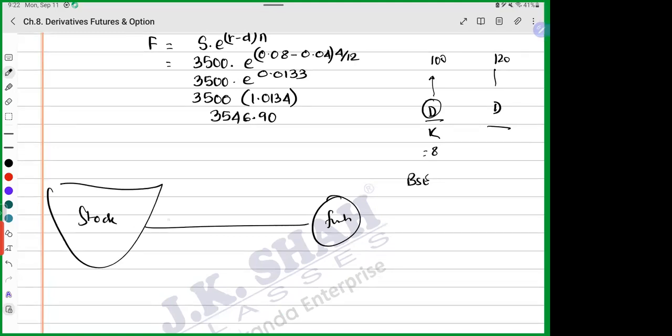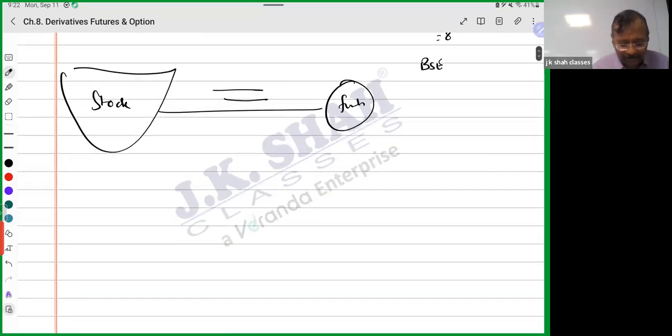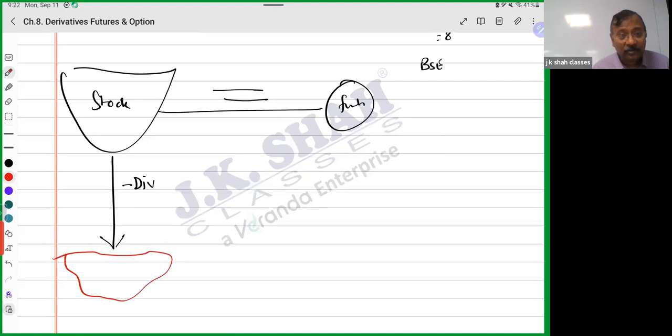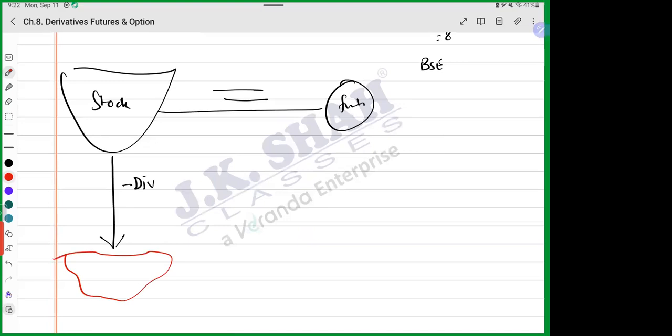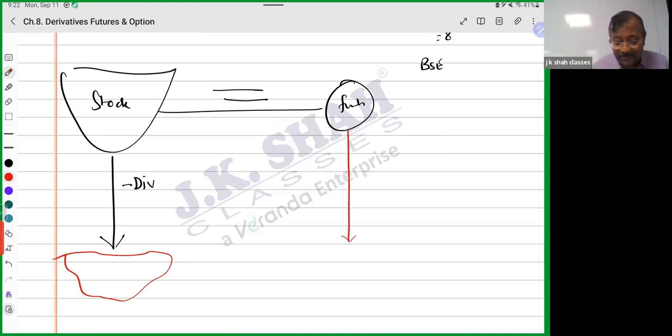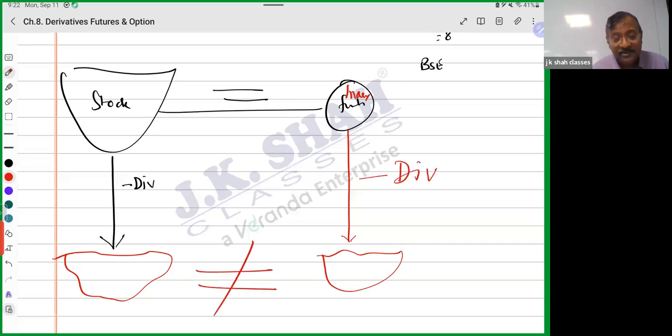So this is equal to this. If you are calculating the future price of stock by reducing dividend, then you arrive at some future price of stocks. Then if you calculate the future price of index, you will have to reduce dividend. Otherwise, this will not be equal to this.